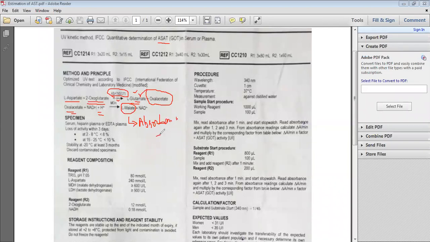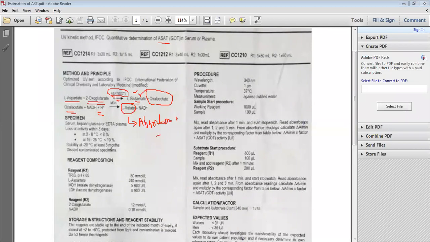Now the specimen will be serum or plasma, and you can store the serum sample or plasma at 2 to 8 degrees Celsius, and you need to take the sample in an EDTA vial or heparin vial. These are anticoagulant agents, and we can also store the serum sample for 8 to 10 days at 15 to 25 degrees Celsius.